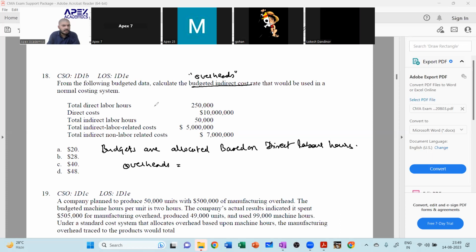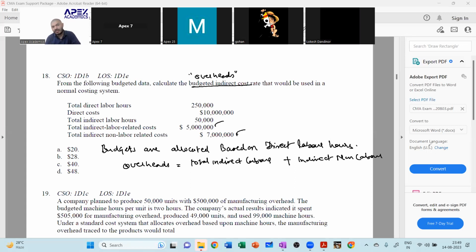What are your overheads? Your overheads here are 50 lakhs and 70 lakhs. So they are total indirect labor, which is an overhead, and total indirect non-labor. Indirect non-labor can be indirect material, factory rent, warehouse rent, depreciation on machinery.